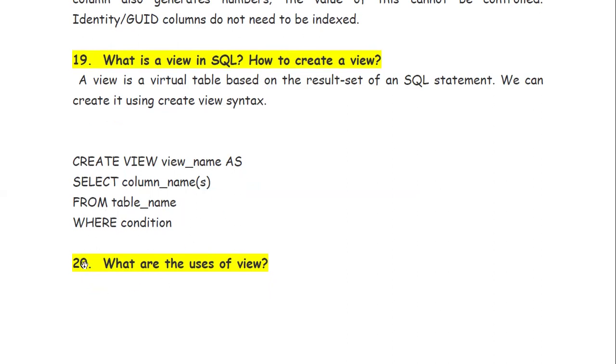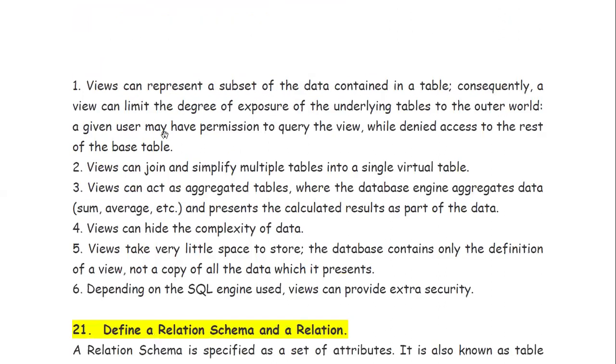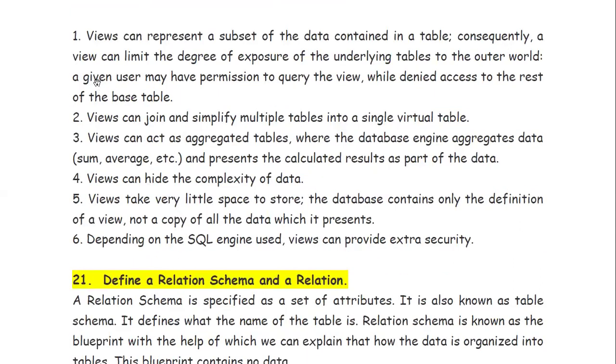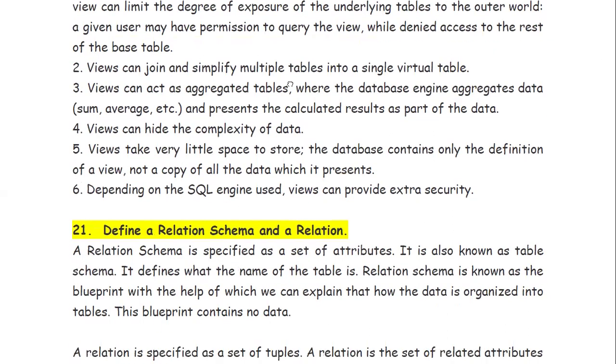Well, next question, what are the uses of a view? First of all, views can represent a subset of the data contained in a table. Consequently, a view can limit the degree of exposure of the underlying tables to the outer world. So it works for security purposes. A given user may have permission to query the view while being denied access to the rest of the base table. Views can join and simplify multiple tables into a single virtual table.